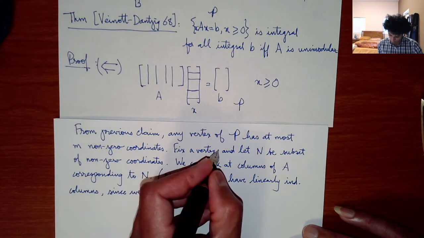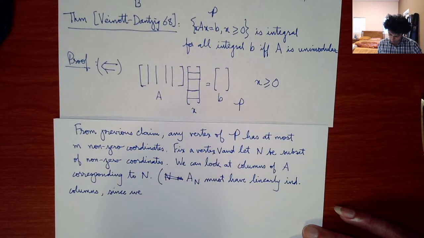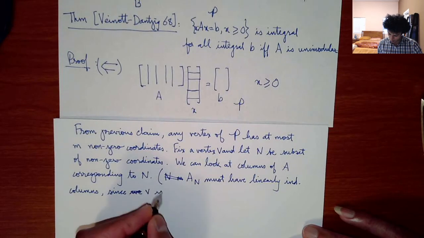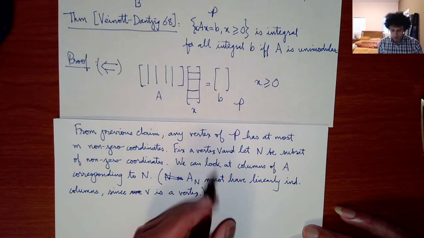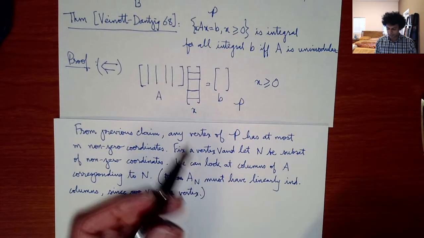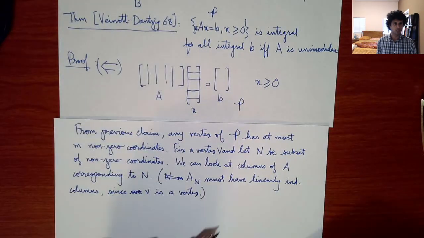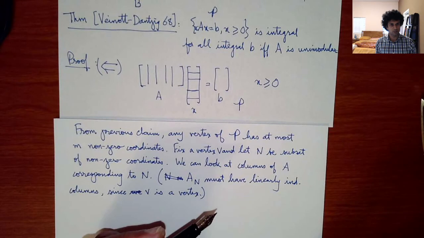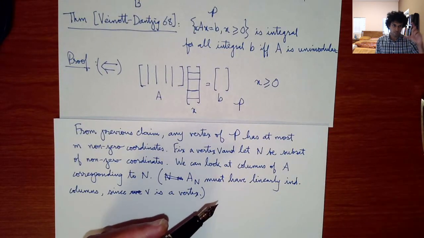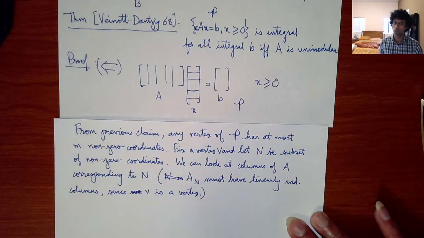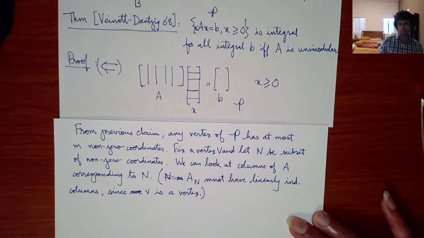I'll fix a vertex that I will refer to as V. If you actually look at that proof, if you look at any vertex and the columns corresponding to the non-zero entries, then they will be linearly independent. You can see why, because if they're not linearly independent, then you can actually perturb the vertex.